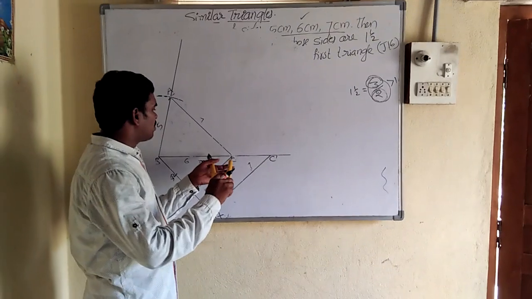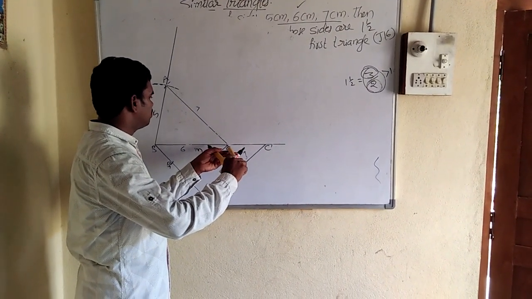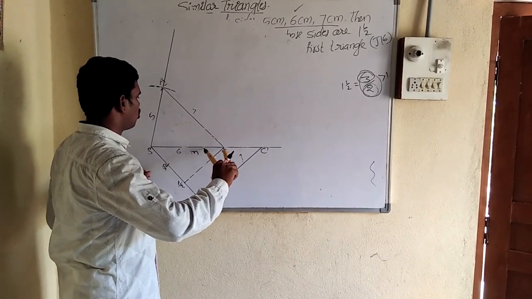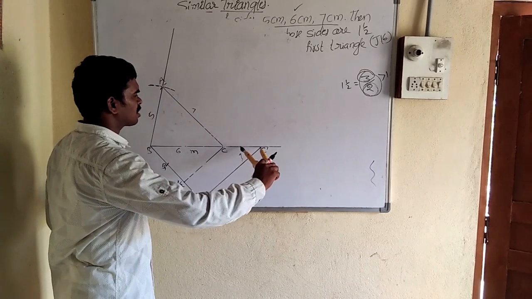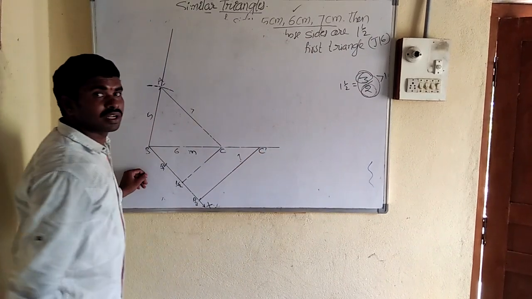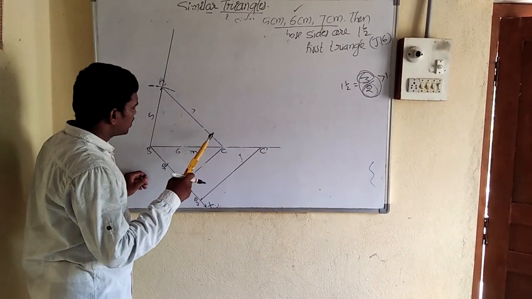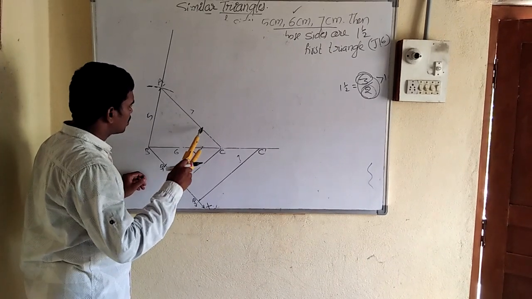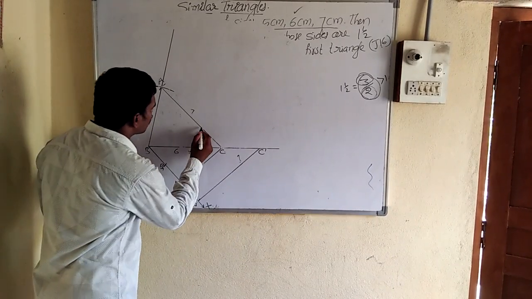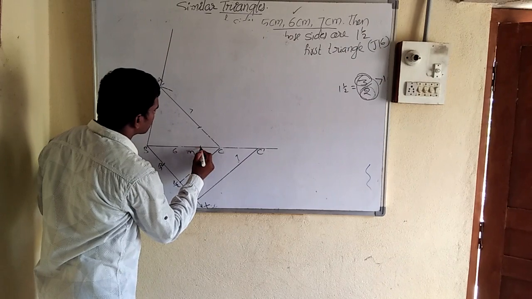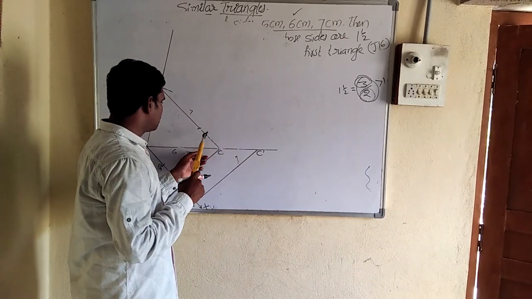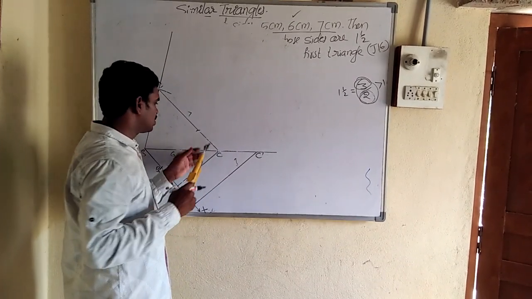First of all, I'm taking some measurement from C towards B. With the same measurement, take from C dash to here. Next, from here to the line.